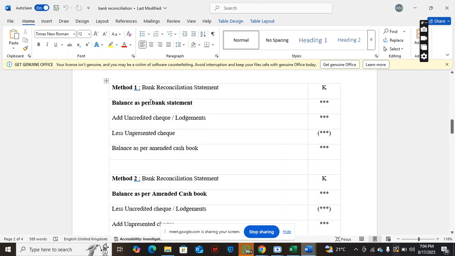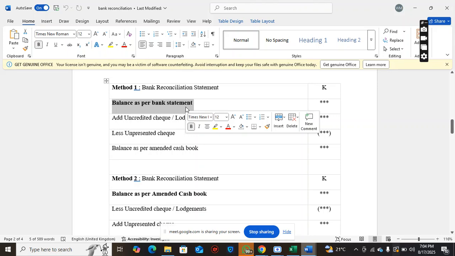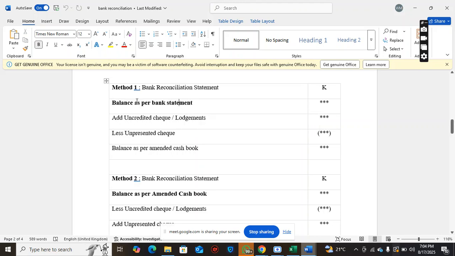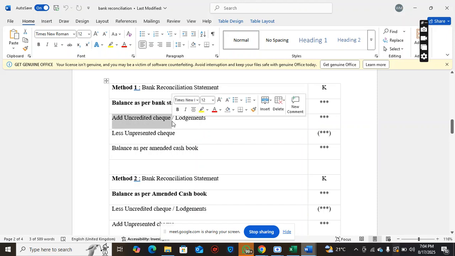Now, as I was saying, when you start with the balance per bank statement, you are moving forward. Think of UPND: you start with the balance as per bank statement, where you add uncredited checks. This is money that you're earning, positive money. Remember, uncredited checks or lodgements are money that you are earning.